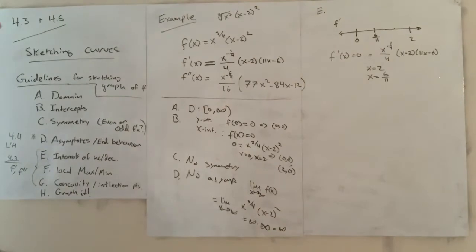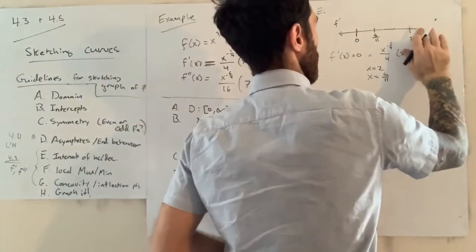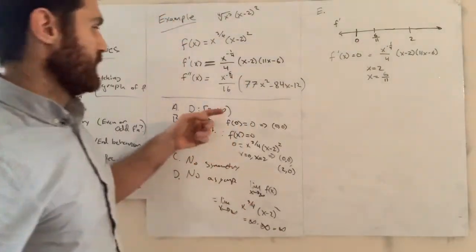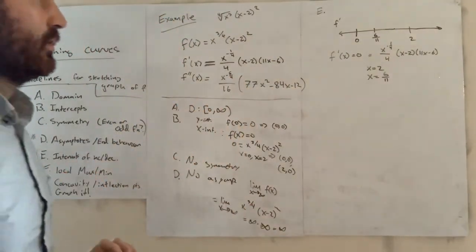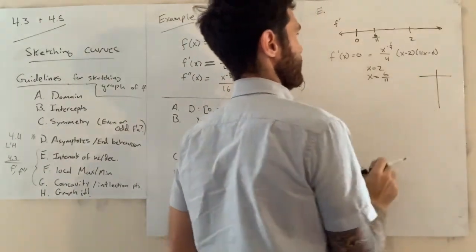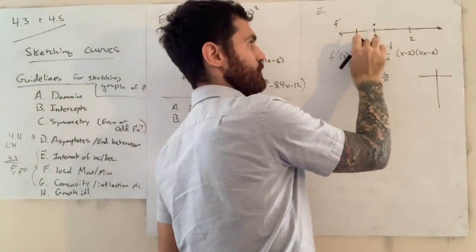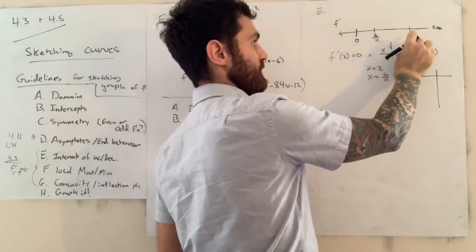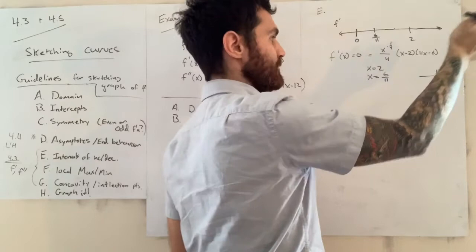Okay, so we're not worried about anything to the left of 0, because our domain only starts at 0. So we have to pick 3 points. One in between 0 and 6/11, the other one in between 6/11 and 2, and another one after that.